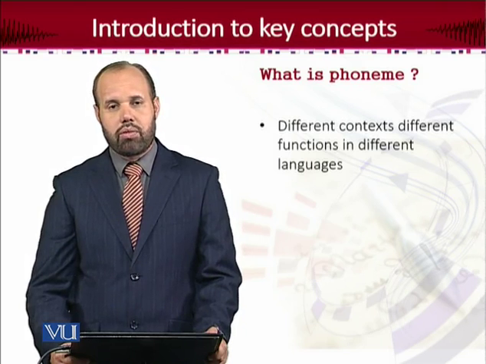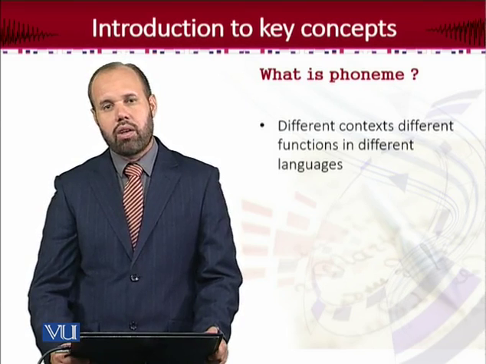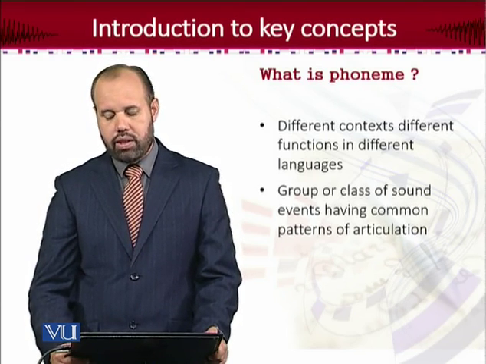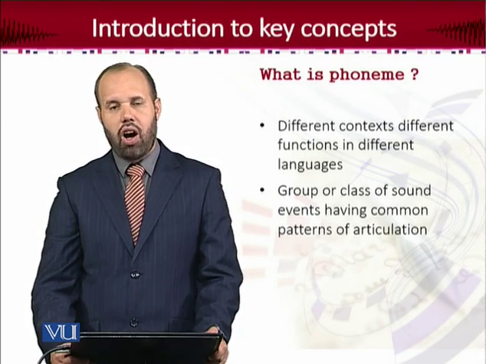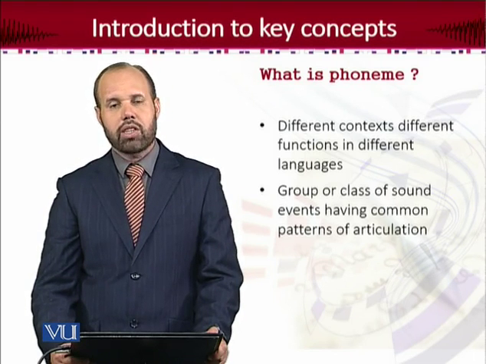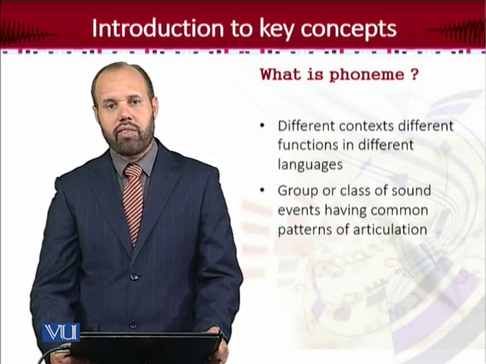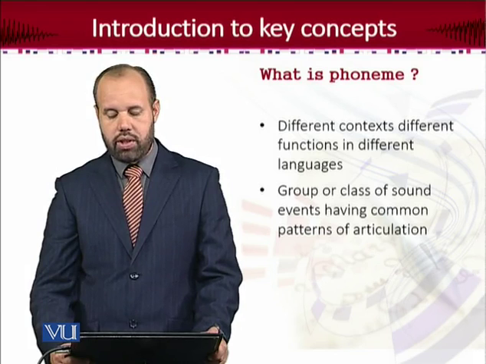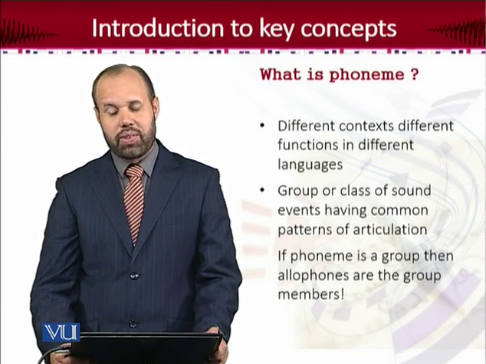We need to know, with the help of our analysis, how those sounds are working as allophones within a specific phoneme. So a phoneme is a group or class of sound events having common patterns of articulation. It is a group where there are many members, variants, and those variants are allophones. So if a phoneme is a group, then allophones are the group members.